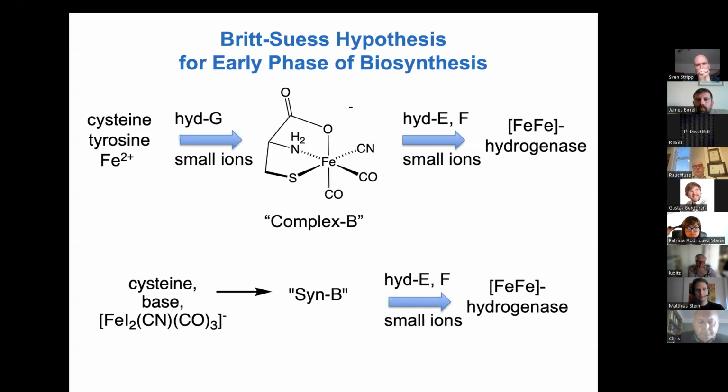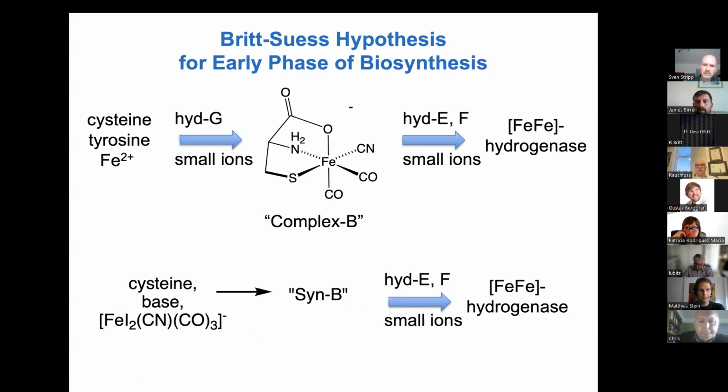That is, we would prefer to have made complex B, but we don't make complex B. We make something, and I'm going to discuss that in a minute. But the good news is that something allows Dave's group to do the biosynthesis by omitting Hyd-G. That's the core message in this part of the talk.